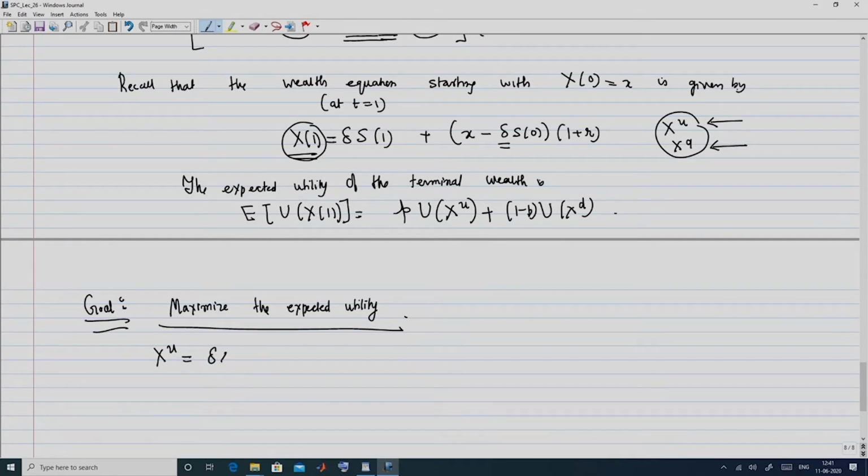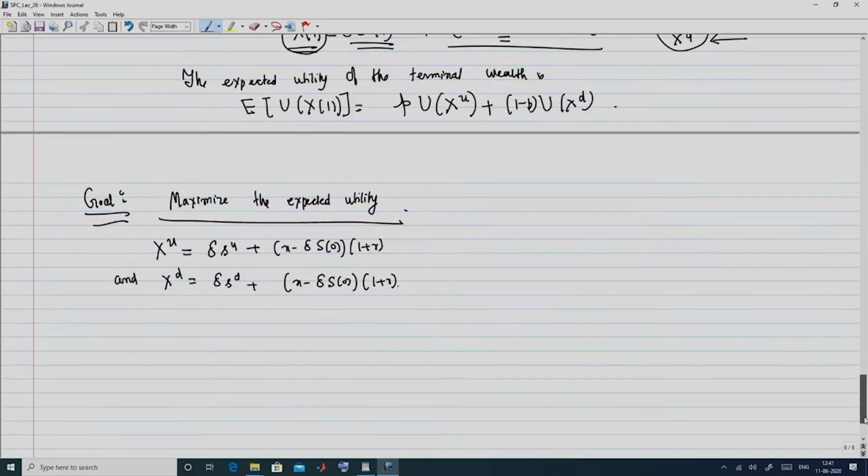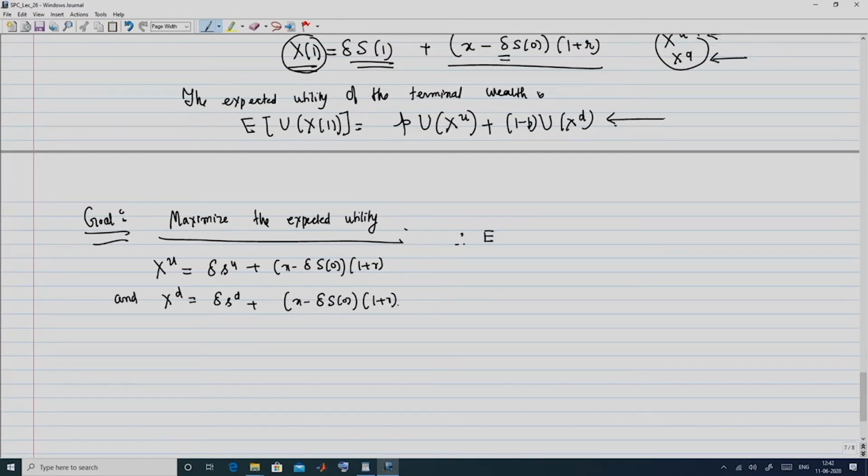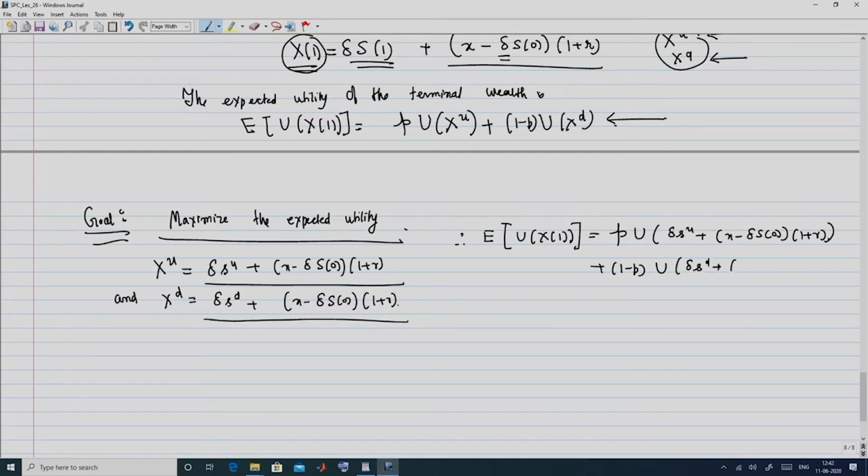So xu is going to be delta into SU, plus of course x minus delta S0 into 1 plus R, and in an analogous manner xd is going to be delta SD plus x minus delta S0 into 1 plus R. So the expected utility of the terminal wealth, in more precise terms, is going to be p into the utility of delta SU plus x minus delta S0 into 1 plus R, plus 1 minus p into the utility of delta SD plus x minus delta S0 into 1 plus R. And my goal is essentially to maximize this utility.